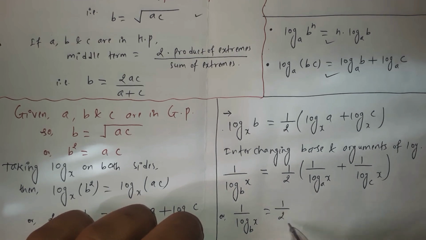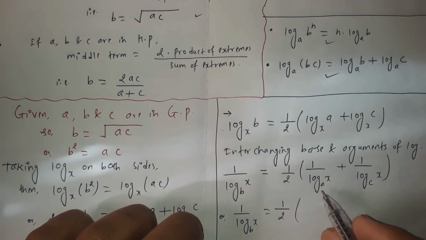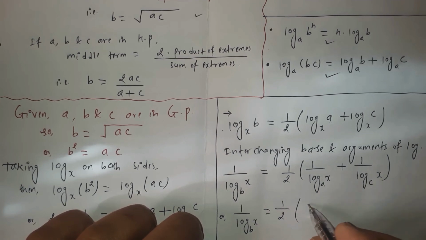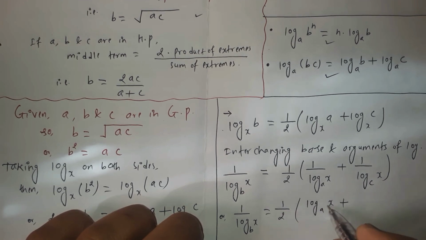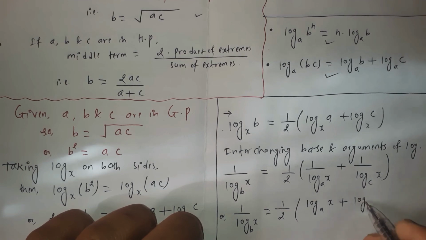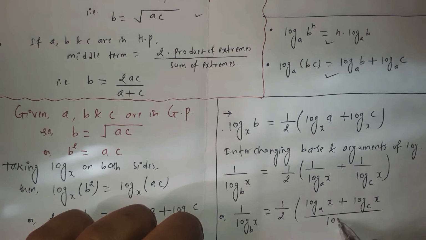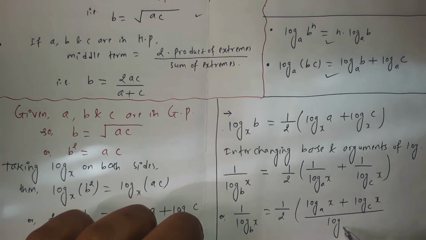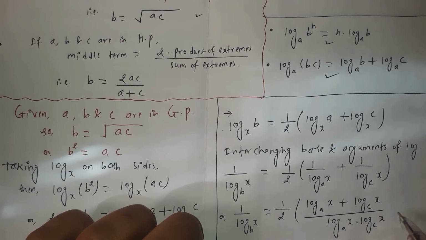Let me write here. After taking the LCM of the denominator and doing the simplifications of the fractions, we will get log with base a of x plus log with base c of x over the LCM of the denominator, which will be just the multiplication of the different denominators, log with base a of x times log with base c of x.